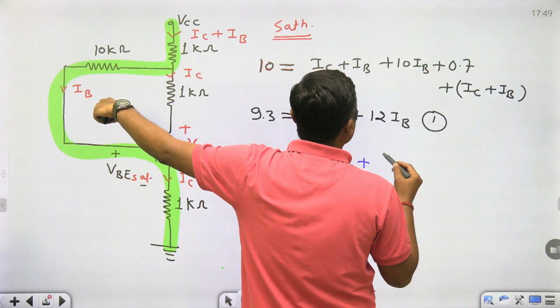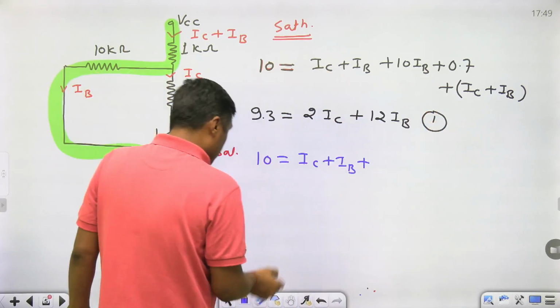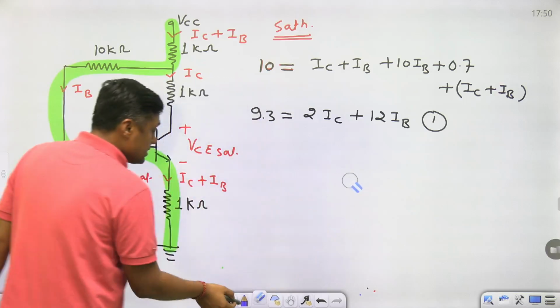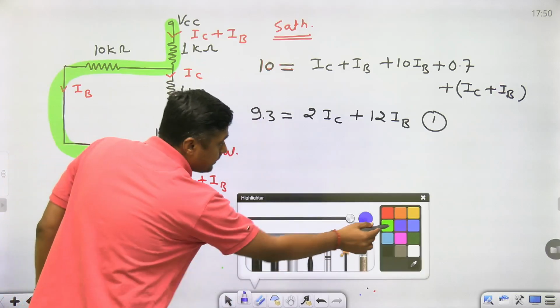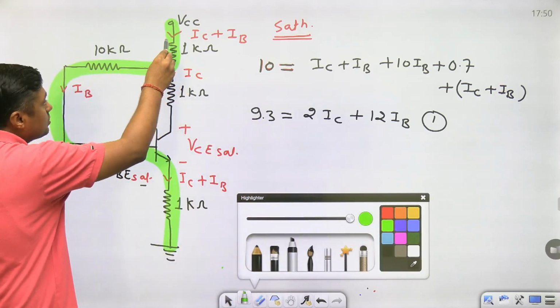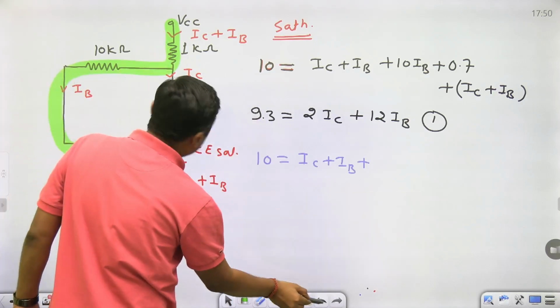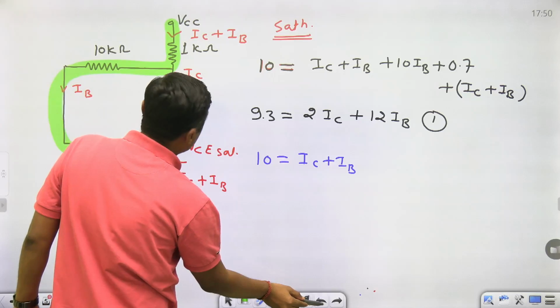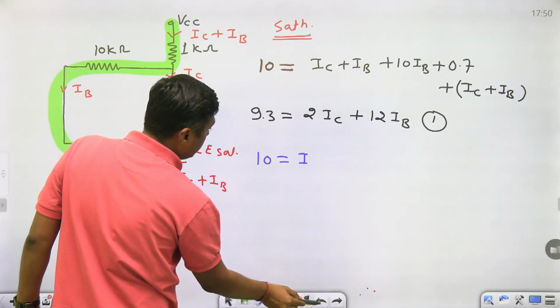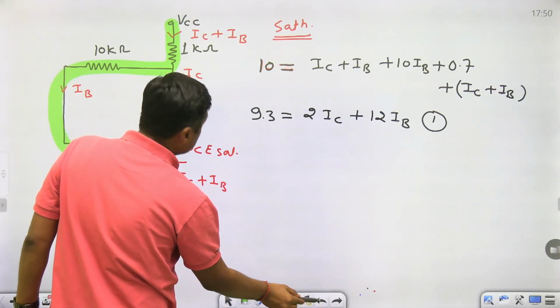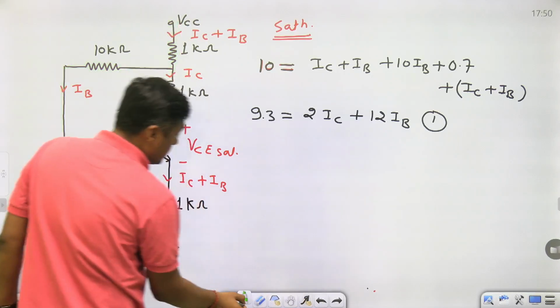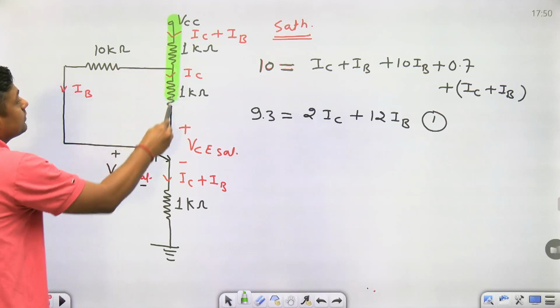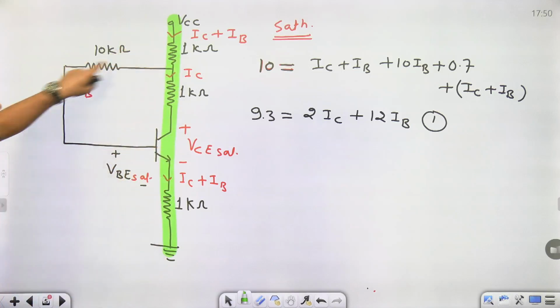Already I have written that. Okay, that equation is written. Now the second equation will come from here. This is already done, so now the second equation will come from here, guys. Yes, the second equation will come from here, because already I have written the KVL in this loop.